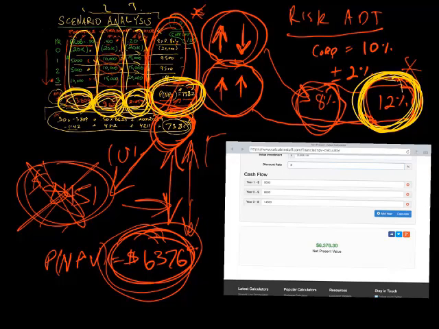We also found the project's net present value on the basis of scenario analysis. Remember, that was when we calculated going this way, just with these numbers here, calculating the net present value for each year, using that, again, same answer. So that was kind of an easy one for us.